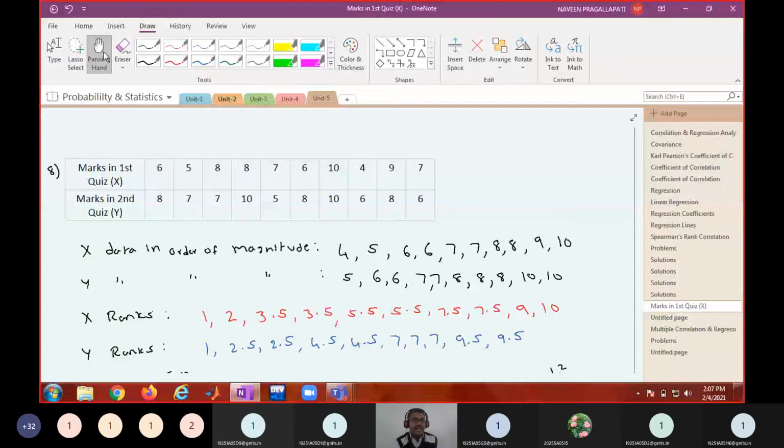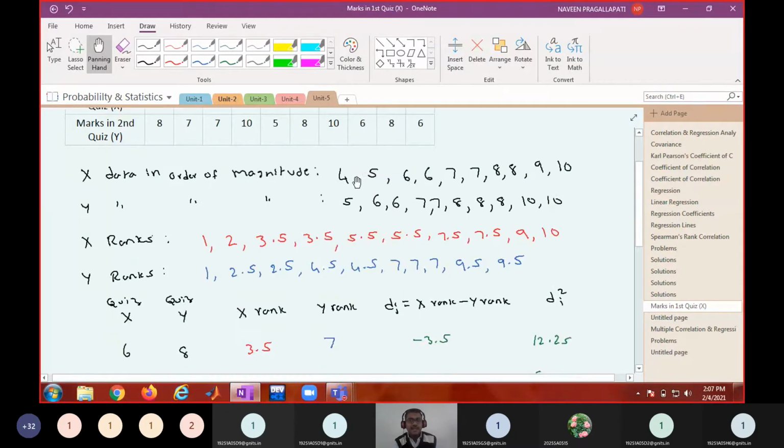This data we arranged in ascending order. 4 here. Next highest value is 5. Next highest value is 6, appeared 2 times. Next highest value is 7, appeared 2 times. Next is 8, appeared 2 times. Next 9. Next 10.